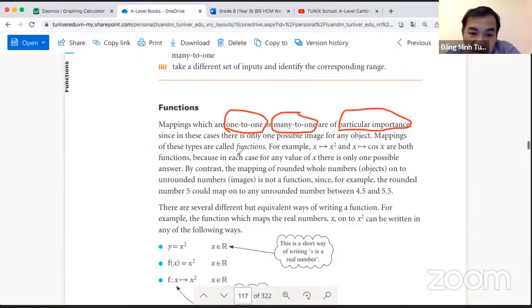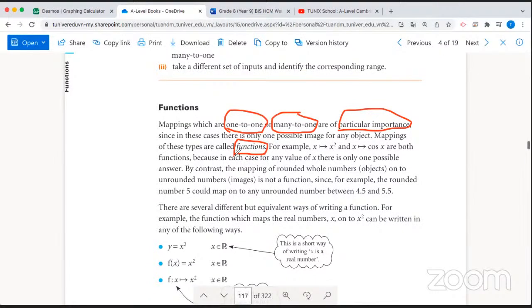But for a function in mathematics, we only allow two kinds of mapping, one to one and many to one. Remember this: only one to one or many to one, that's all.